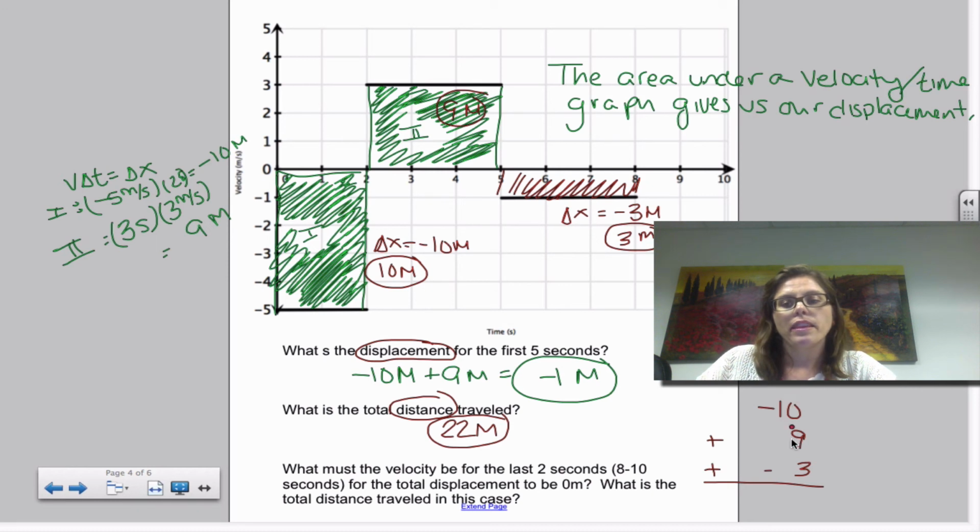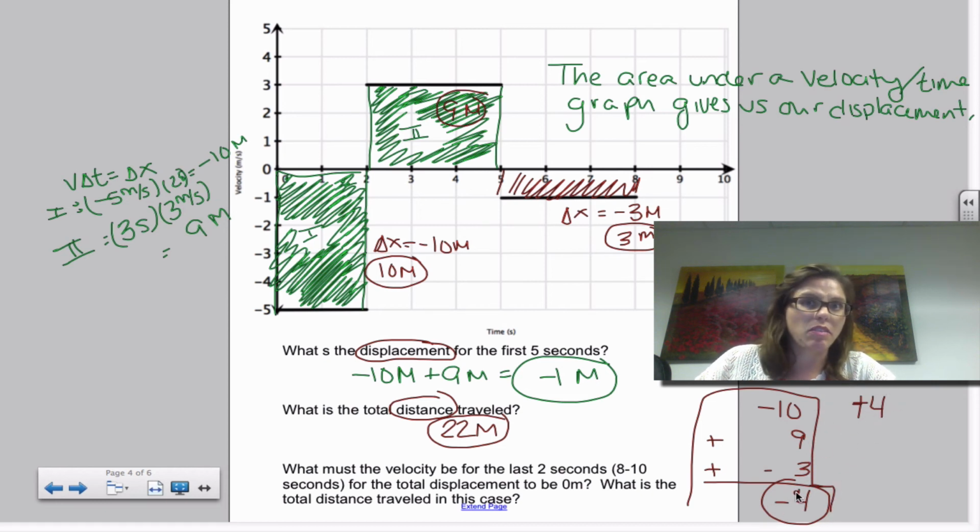So 9 minus 3 is 6, -10 plus 6 is -4. So with what's drawn, our displacement is -4. So we need something with a +4 displacement to cancel out this -4.